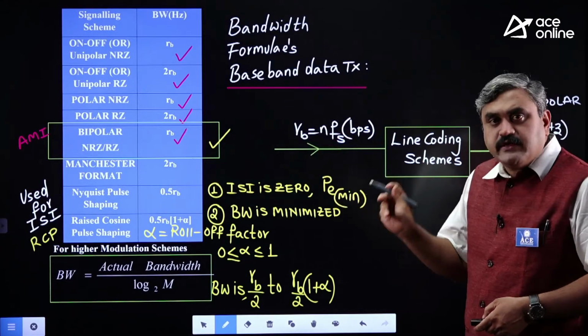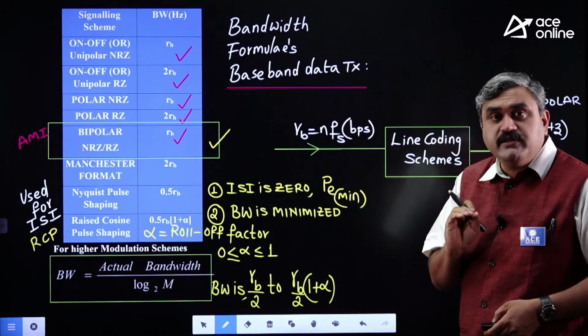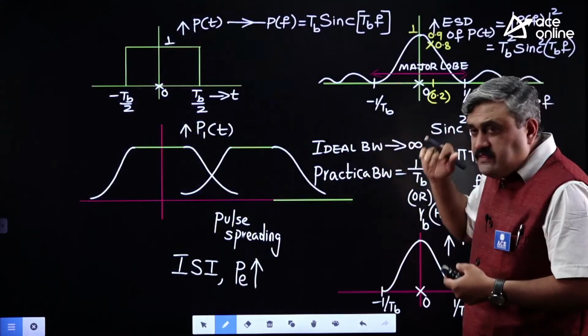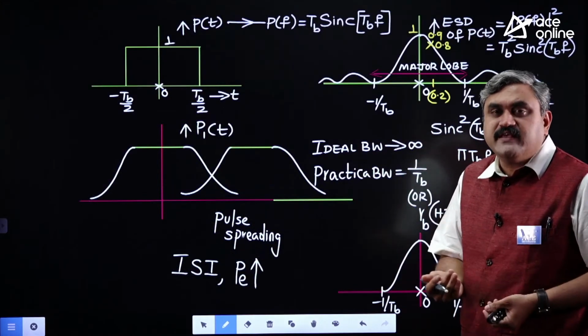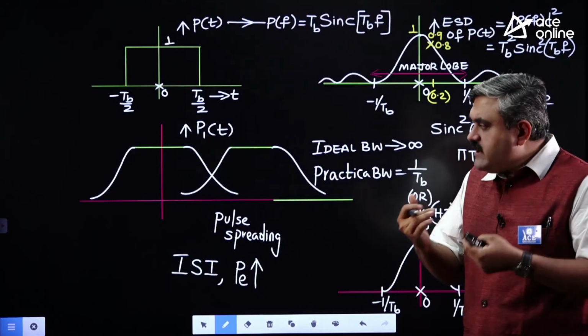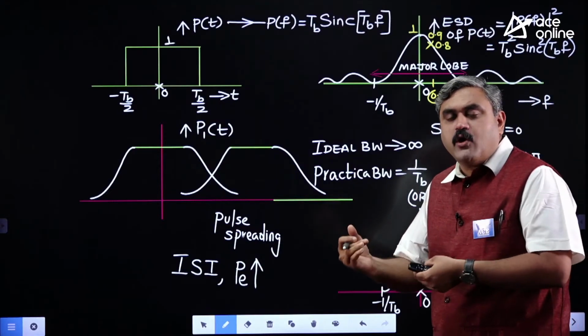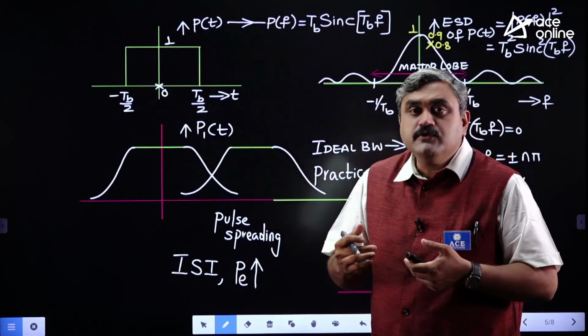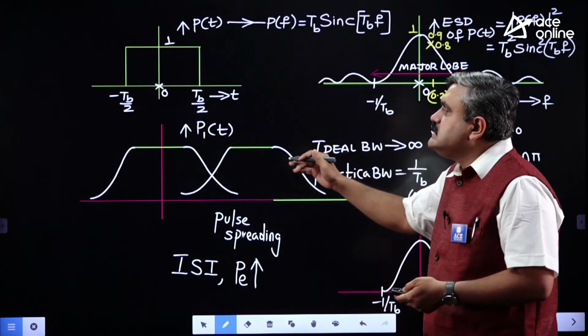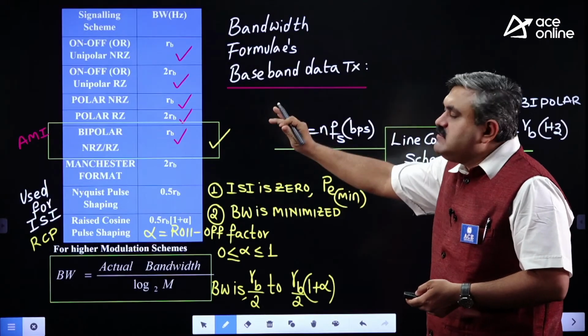And I have touched the concept of ISI also, very, very important. You can expect a 2 marks question next year. So why ISI is coming, what is ISI, and how to mitigate ISI, means how to reduce it, either by using Nyquist sampling pulses or by using raised cosine pulses. So which factor is getting affected? Bandwidth.